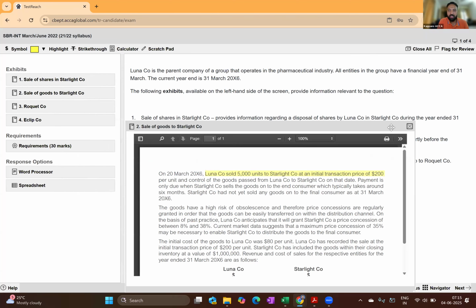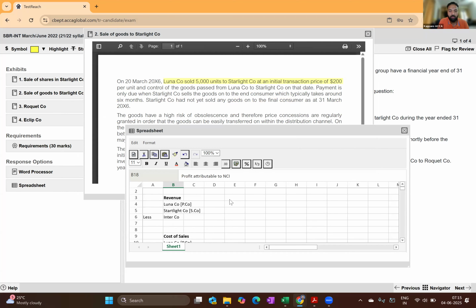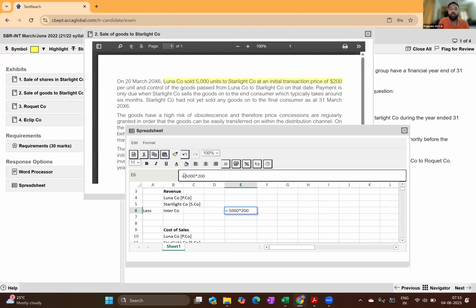So for the intercompany sale, we have to deduct it from revenue. So that is equal to 5,000 units multiplied by 200 as the selling price. So intercompany sale is 1 million. We are deducting that, so minus. So for one company, the parent is selling it.